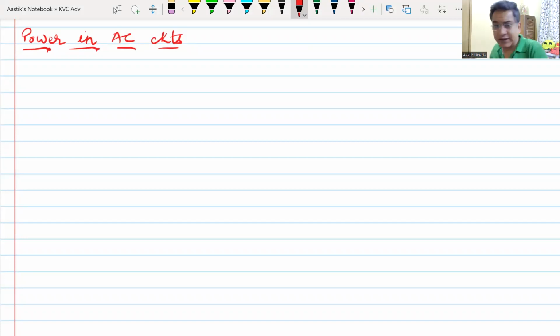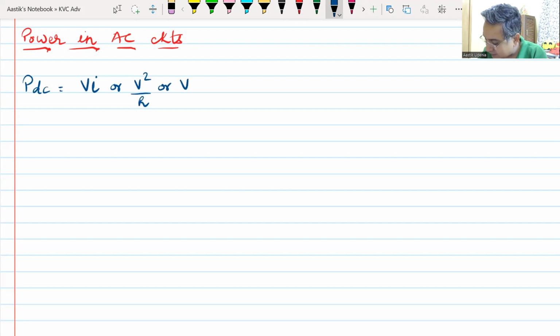Then we come to the next heading, which is power in AC circuits. If I just go back, power in DC circuits was given by the formula VI, or you could have written it as V square by R, or as I square multiplied by R. Now, power in an AC circuit is somewhat different.